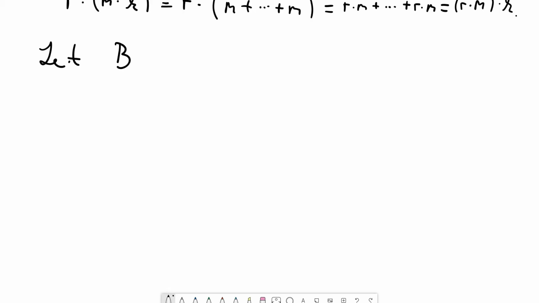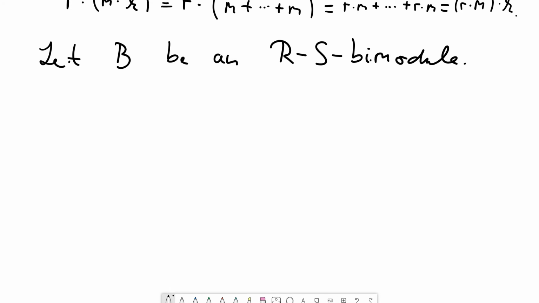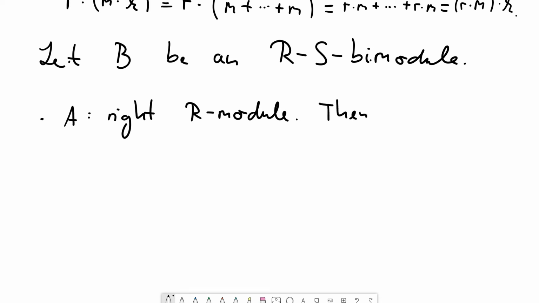So in case B is an R-S bimodule, and say, first case, that A is a right R module, then I can take my abelian group, which is given by the tensor product A ⊗_R B. An R-S bimodule is in particular a left R module, if I just forget about the multiplication with S from the right.